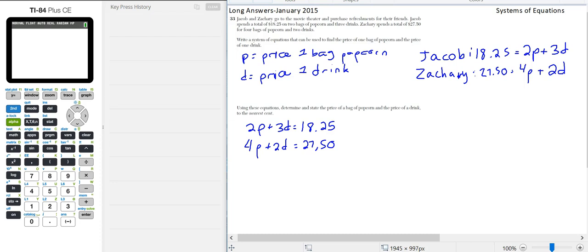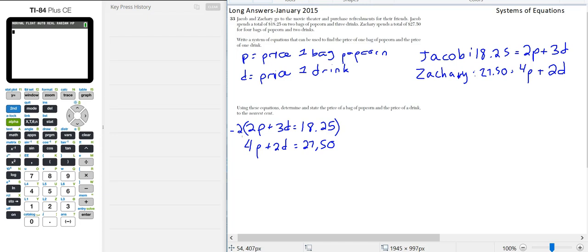In order to do that, we need to rewrite one of the equations so that when we add the two equations, a variable will fall out. If we multiply the first equation by -2, then the coefficient of p is going to be -4. And when we add the two equations, the -4p will cancel out with the positive 4p in the second equation. But we can't just multiply the 2p by -2.